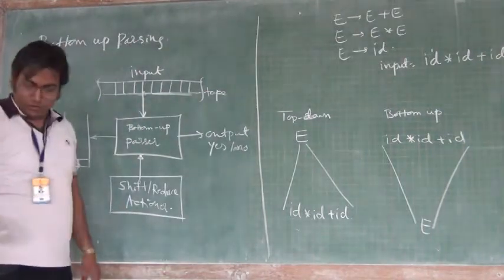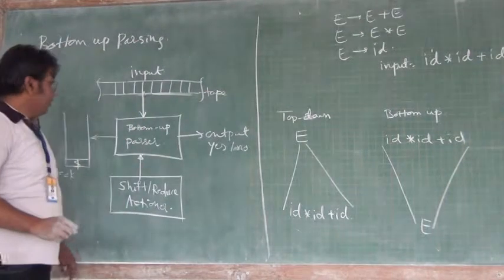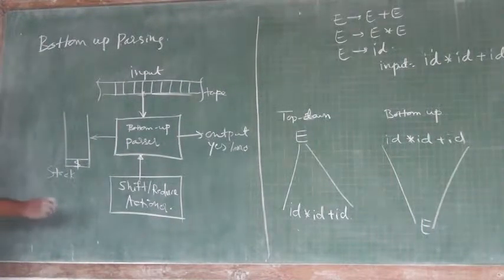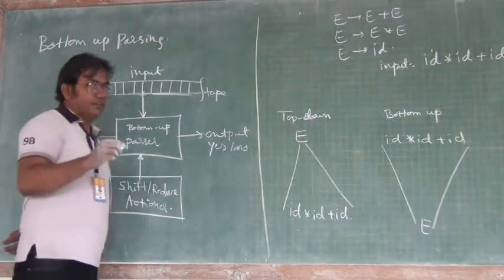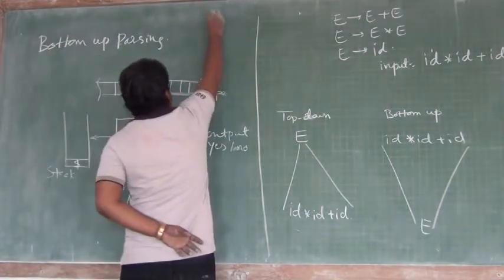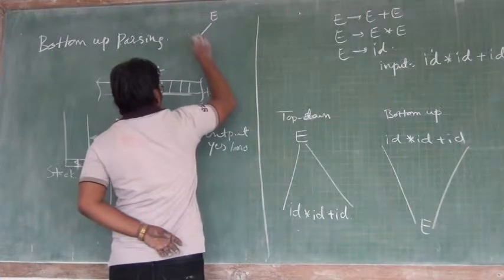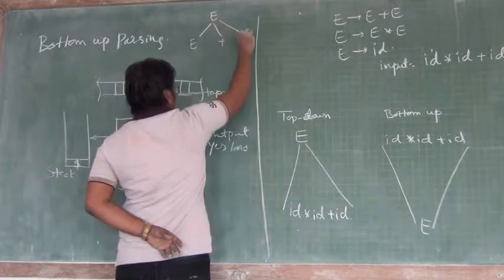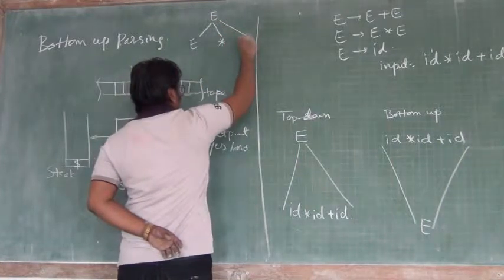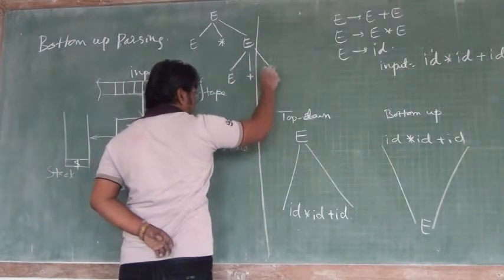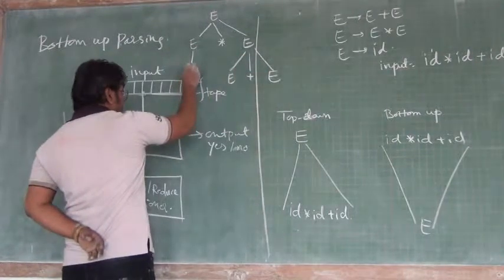In another way, we can say that in the top-down approach, if we look at it in the form of a parse tree or derivation tree, our tree was like this: E, then plus or star E, and this E we expanded as a plus and E. This E we reduced to id.